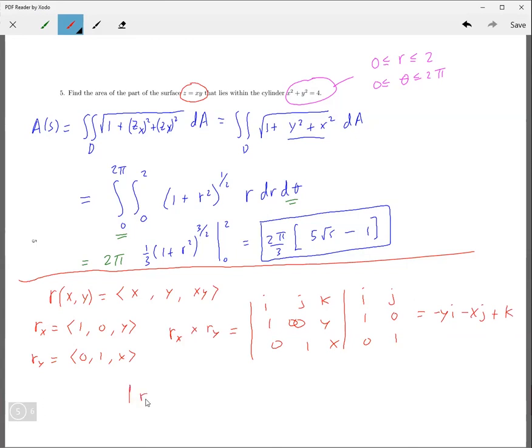But what you're after is the magnitude of the cross product, which is the square root of the sum of the squares of each of these. So y squared plus x squared, and you drop the negative signs. You get that. And the point is that this is the same as this.